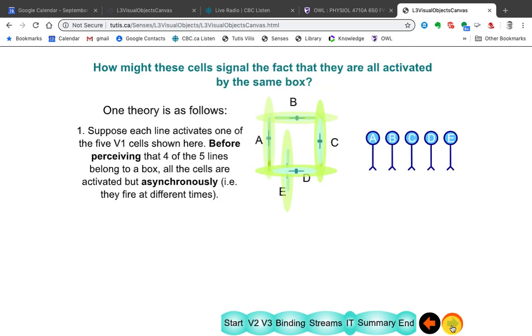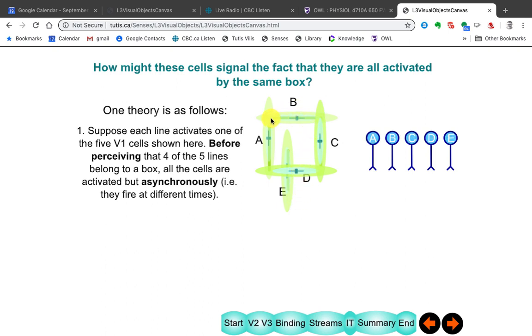One theory of how it occurs is this: imagine each of these are simple cells, and each of these simple cells sees this part of the retina and likes that particular orientation, some like that orientation, and so forth.